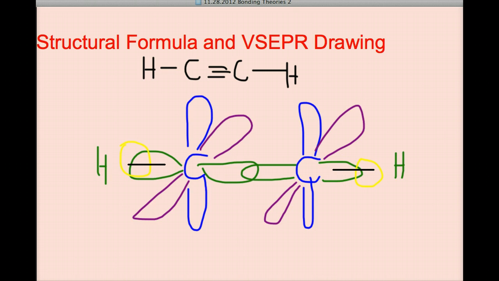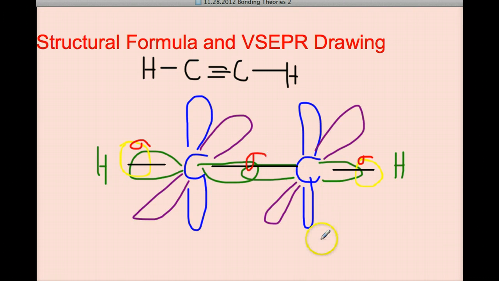Like we said before, that's going to create our sigma bond. So here's a sigma bond, here is a sigma bond. What we also see is in the middle, I've created a bond between this orbital and this orbital. If you notice again, it's also on the same axis, so this is also going to be labeled as a sigma bond.